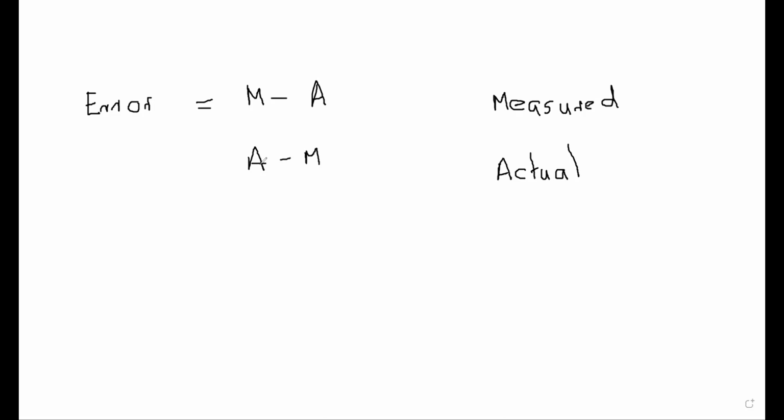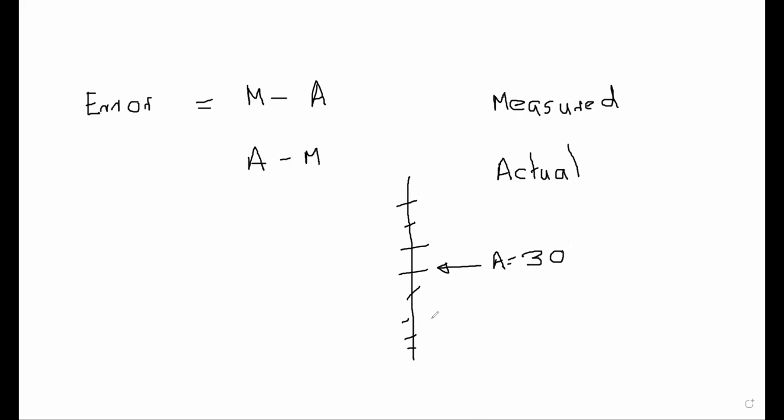So what is the equation for error for any measurement, not only in survey? To understand this, let's say there is a ruler, and the actual measurement is 30. So we know the actual one and we are going to measure.